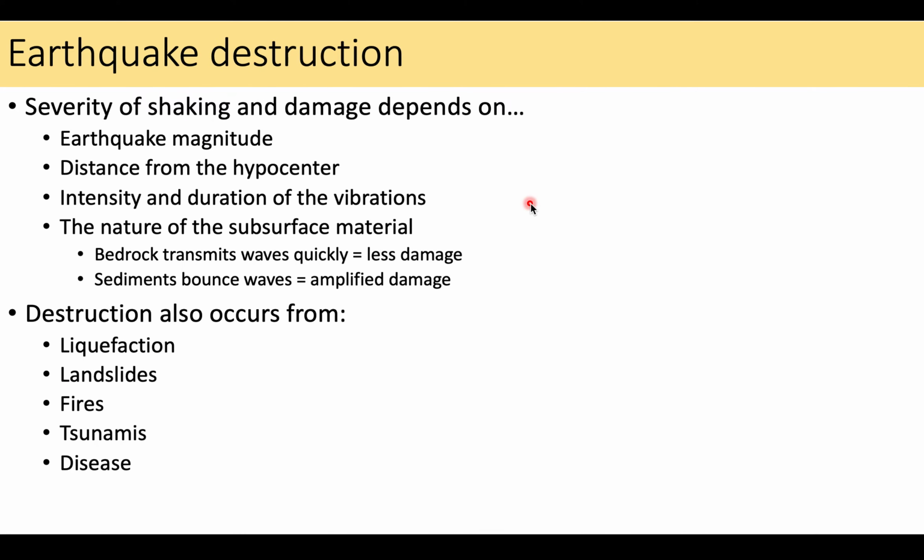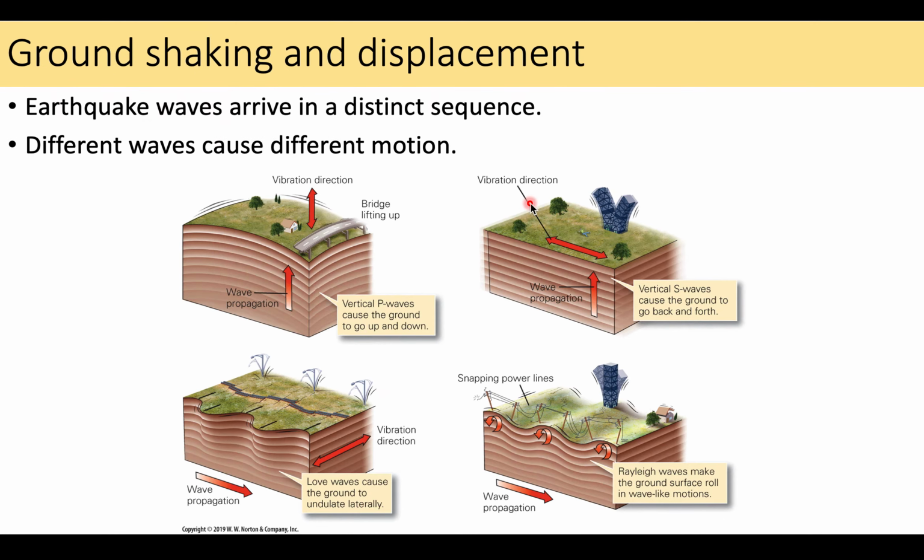So earthquake destruction, the destruction that we see, really depends on the magnitude of the earthquake, the distance from the focus, both the intensity and the duration of the vibrations, and then what material we're actually dealing with. There are a few different types of destruction that we often see with earthquakes that I'm going to go through quickly here.